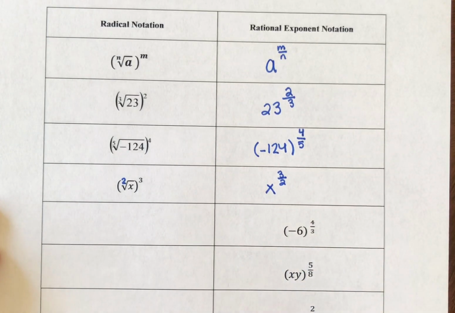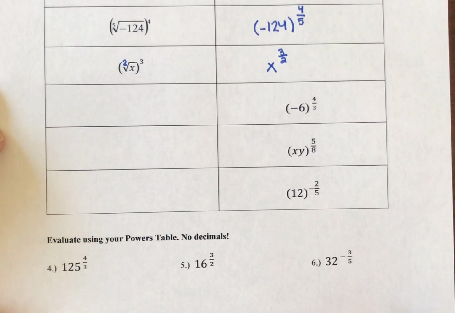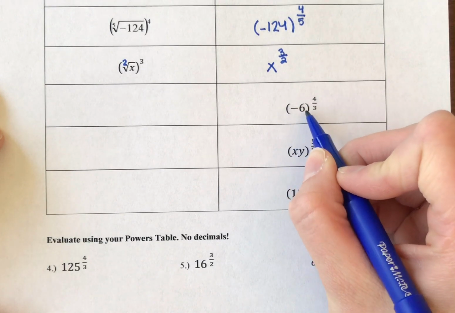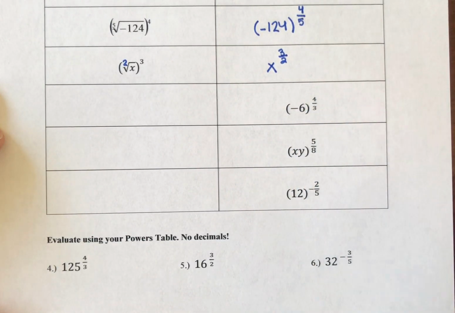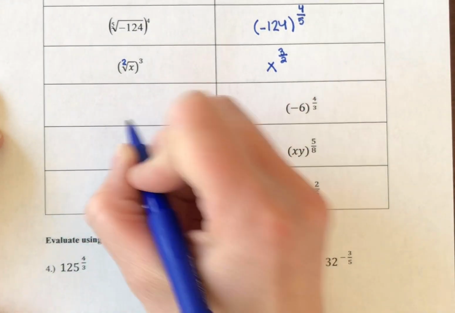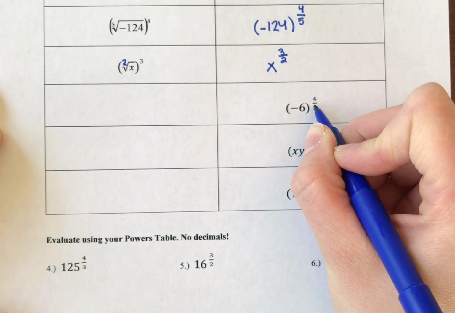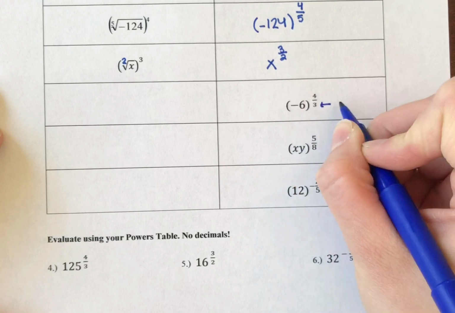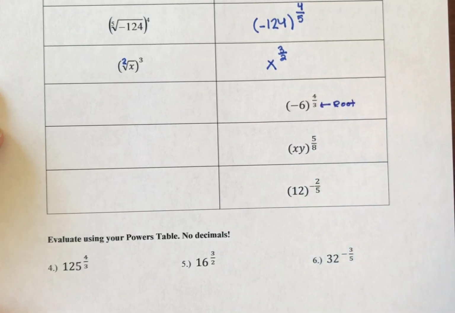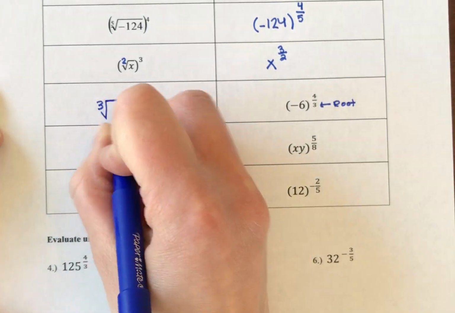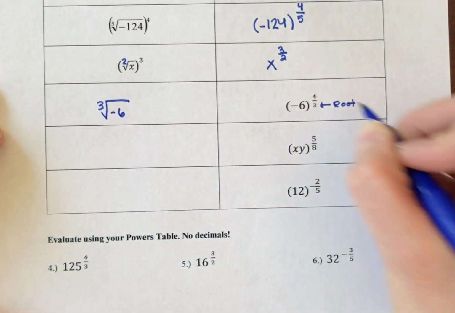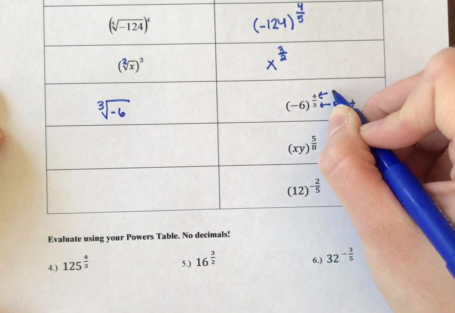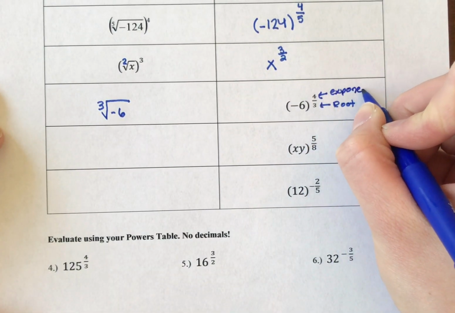So again, likewise, if I wanted to work backwards, all right, if I was taking negative 6 to the 4/3 power and I wanted to rewrite that in radical notation, what I would do is start with the denominator. Okay, the denominator is the root. So this is the cube root of negative 6, and the 4 at the top is the exponent.